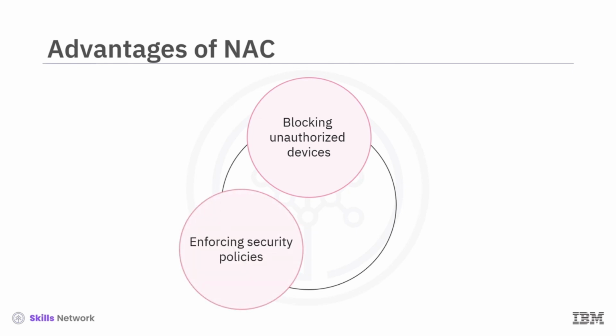NAC ensures that devices comply with security policies and organizational rules regarding access controls, such as keeping antivirus software and firewalls up to date, which helps to stop unauthorized access. By verifying the security posture of devices, NAC reduces the risk of malware infections and cyber attacks, thus ensuring overall network security.